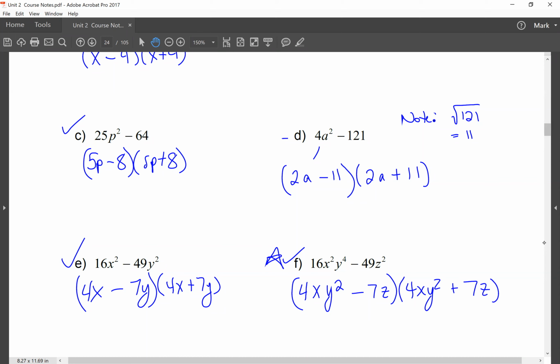So now for F, if you had troubles with F, basically I'm taking the square root. I don't want to say dividing by 2 because that's not what the square root is, but when you're thinking of exponents, that's kind of what's happening. So I had x squared y to the power of 4.